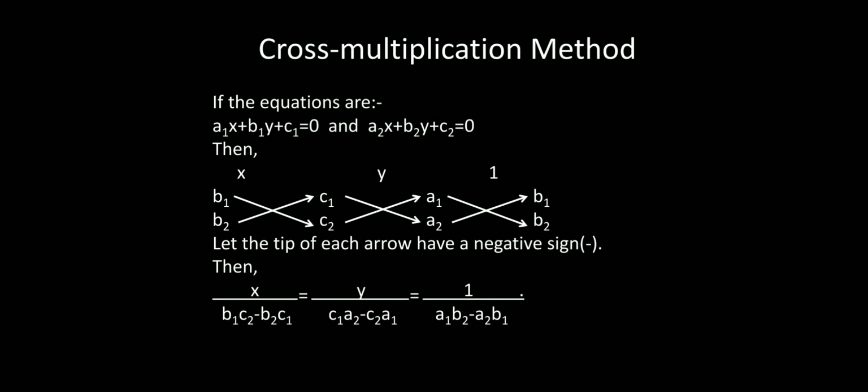Now what we are doing is, taking it in the form of an equation, x divided by, first of all moving from the left up to the right down, b1 into c2. Minus, we will add a minus sign between, as we are going to subtract both the terms, and then b2 into c1, which is left down into right up. I hope you have understood how to do this.